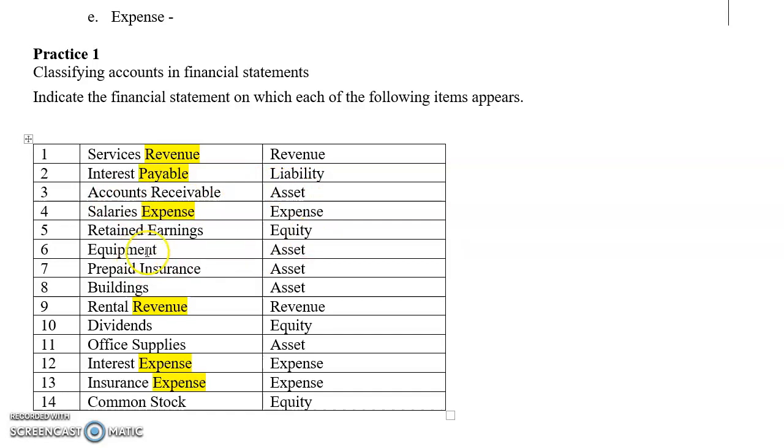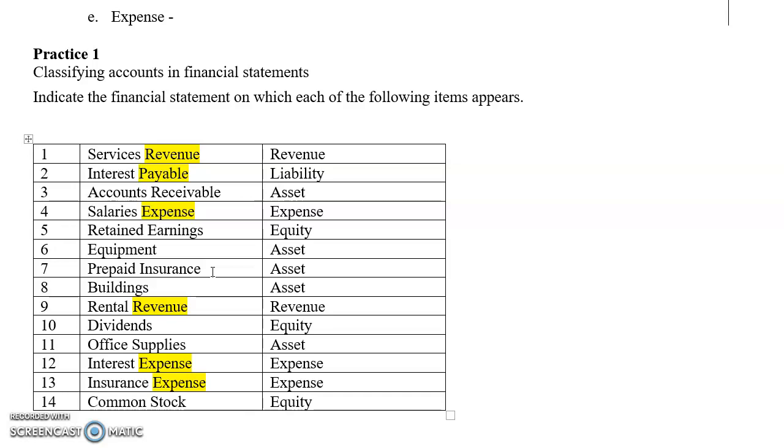Obviously, equipment, if the company owns equipment, a copier or machinery to make stuff with, is an asset. Buildings are an asset, and I know I skipped one: prepaid insurance. If you pay your car insurance for the whole year, you wouldn't have to pay it again for the rest of the year.